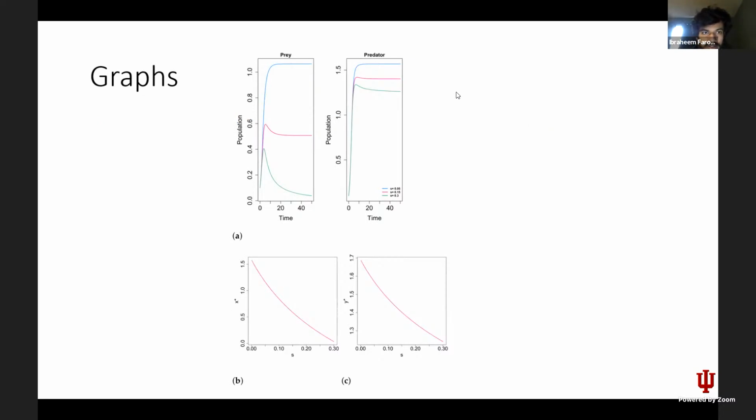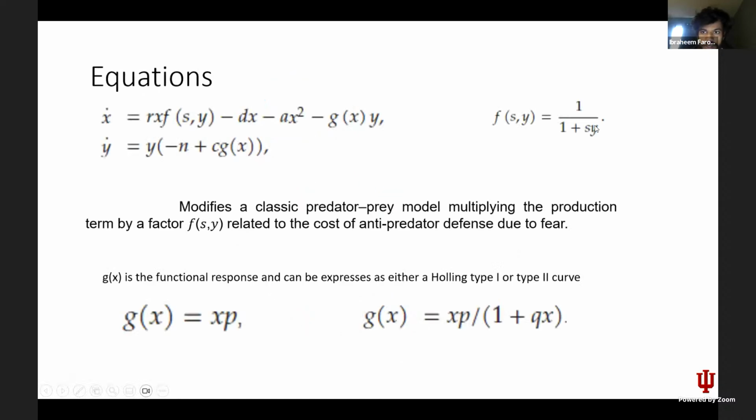As we can see, they're actually quite similar to what we were doing in class. This is just a parameter scan of S, and if we remember from here, S is some fear constant. It's indicative of the quantity of fear, or how impactful the fear is.